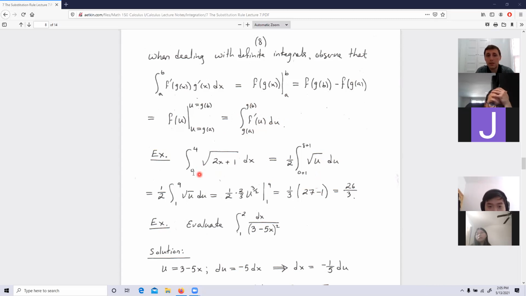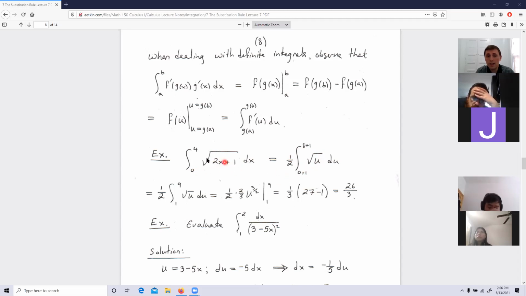So for example, suppose I want to integrate from 0 to 4 root of 2x plus 1. Yes? So I set it equal to u, and du is 2 dx, so dx is 1/2 du. So there is the 1/2 part. And then instead of keeping the bounds, I see that if x is 0, then u is 2 times 0 plus 1, which is 1.